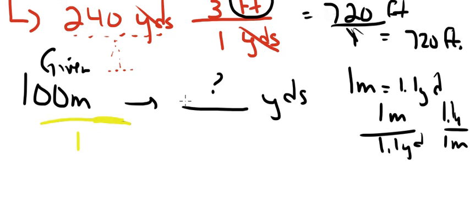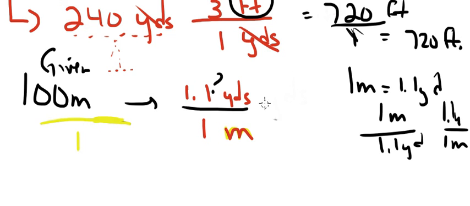And to find my answer here, what's my relationship? I'm trying to get rid of the meters, so I put the meters over here. My yards are going to go up here. What's my relationship? 1 meter is 1.1 yard. When I do the math, what do I get when I multiply 1.1 times 100?